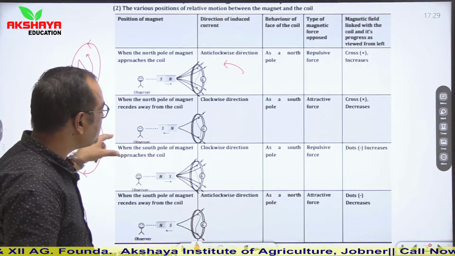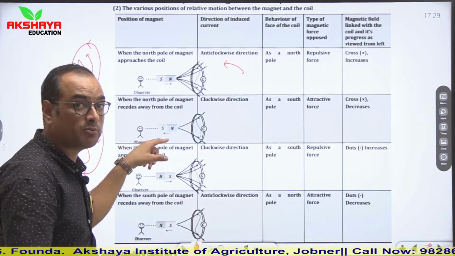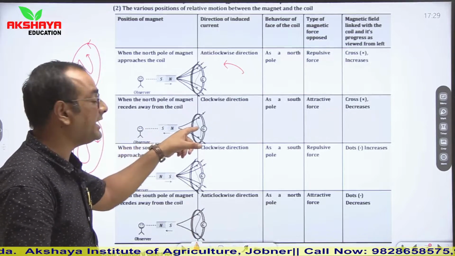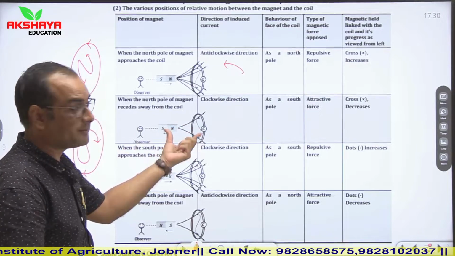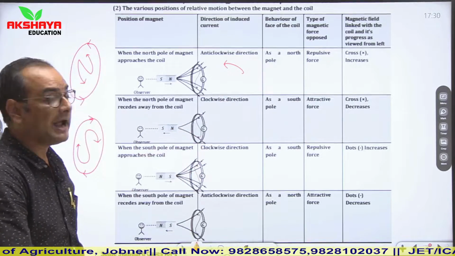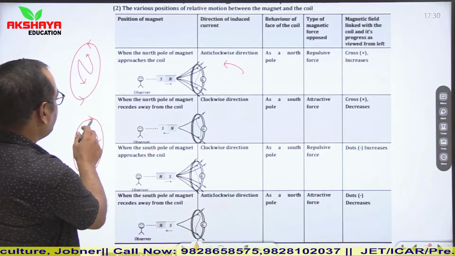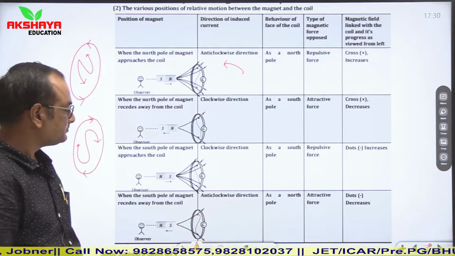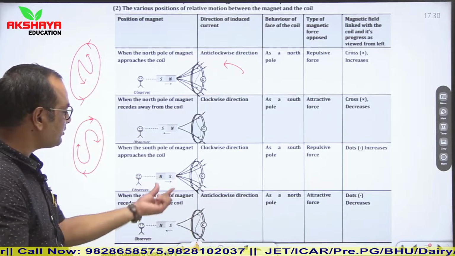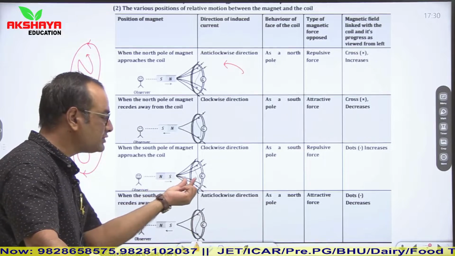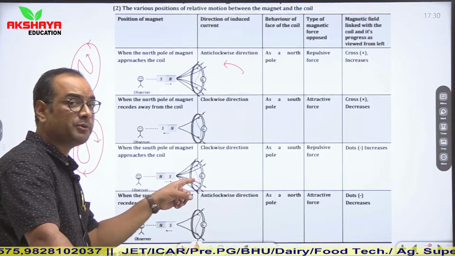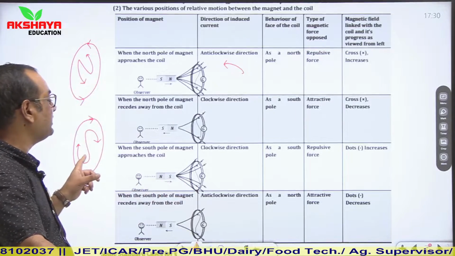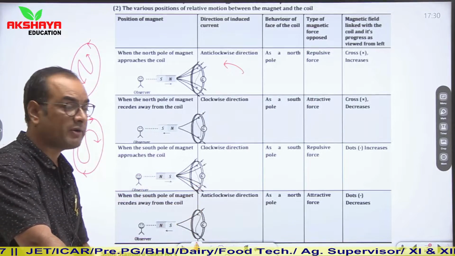Similarly, when the north pole moves away, the coil behaves as a south pole. It means here work is done against the attraction. So it behaves as a south pole, and due to that, current is induced in the clockwise direction. Again, in the next situation, if the south pole is approaching the coil, the coil behaves as a south pole, and the direction of induced current is again clockwise.